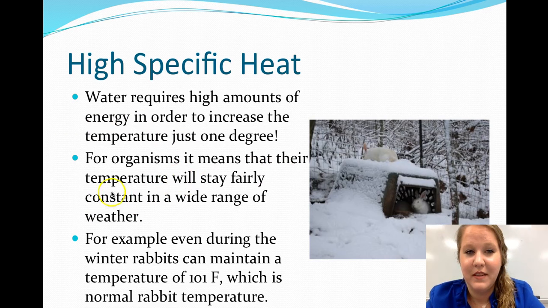For organisms, it means their temperature stays fairly constant in a wide range of weather. For example, even during winter, rabbits can maintain a temperature of 101 degrees Fahrenheit, which is normal rabbit temperature. But if their temperature dropped drastically, that would not be good for the rabbit.